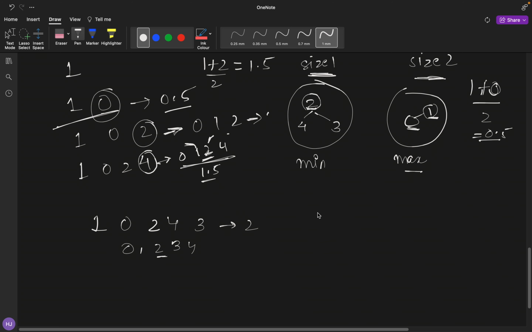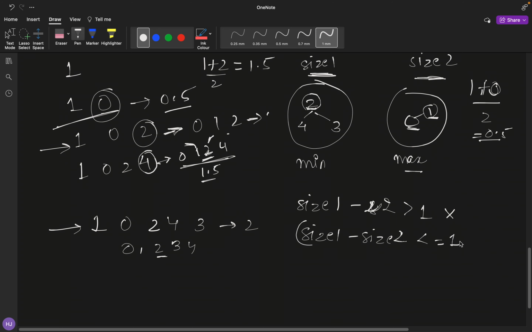So one thing you have observed in the third and fourth scenarios: whenever the absolute difference of the sizes is greater than 1, I'm not able to find my median. And whenever the difference between size 1 and size 2 is less than or equal to 1, I'm able to find my median.